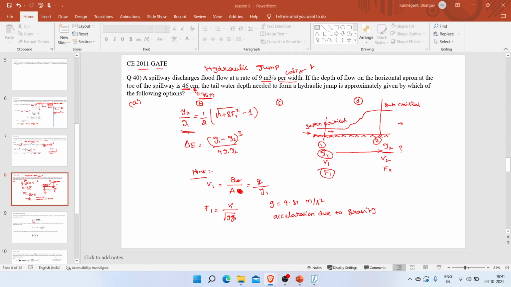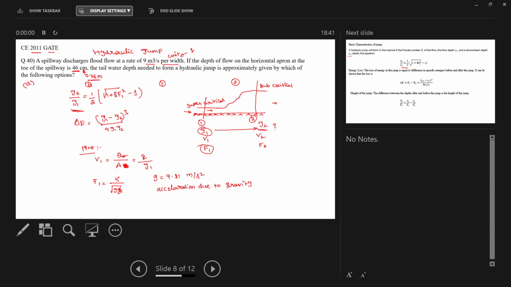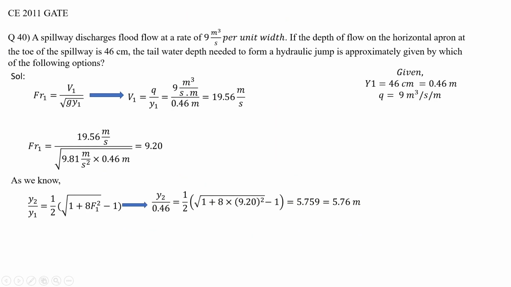Okay, thank you. So let me share my screen again. Okay, maybe I can go to the solution. So the first step, you calculate the V1. How much is V1? V1 is nothing but q divided by y1.